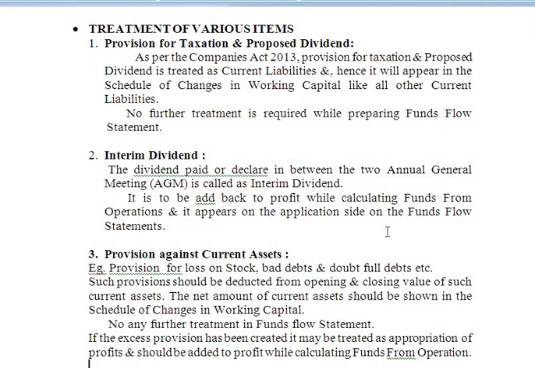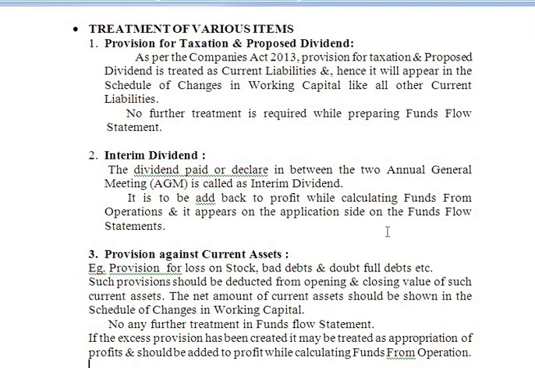And once any current liability appears in the schedule of changes in working capital, then no further treatment is required while preparing the funds flow statement. Okay, earlier we had a provision that we could treat these as non-current items and take them in funds from operations.